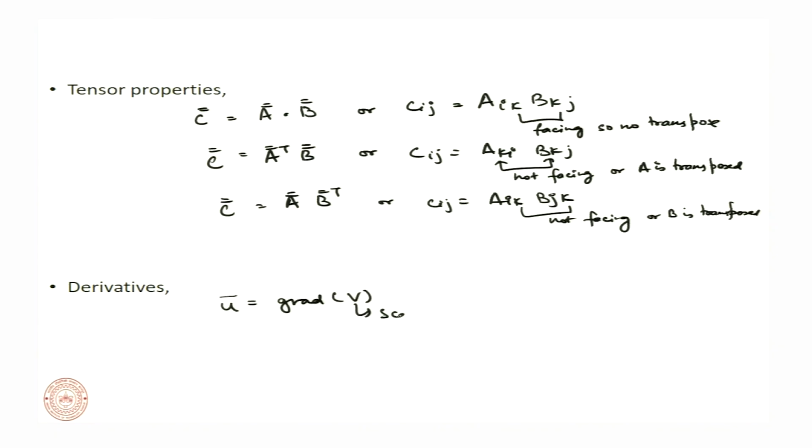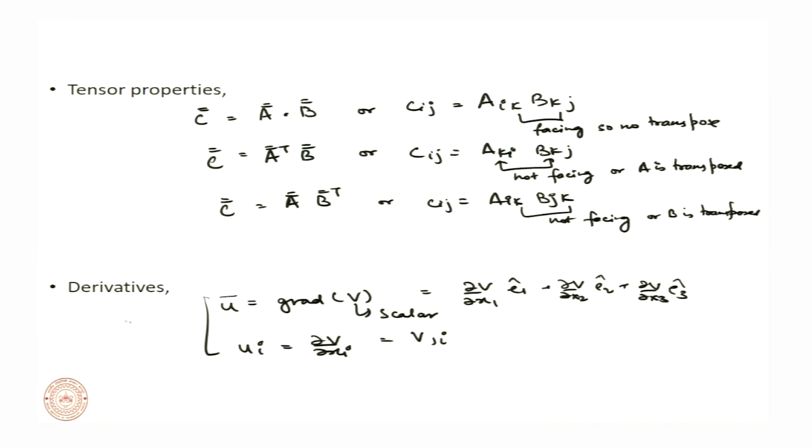So v is a scalar, which means that this is equal to del v by del x1 e1 plus del v by del x2 e2 plus del v by del x3 e3. So we can write ui equals del v by del xi, and this can also be written as v comma i. So comma is typically used for gradients. Comma i means del v by del xi. This is a spatial derivative.